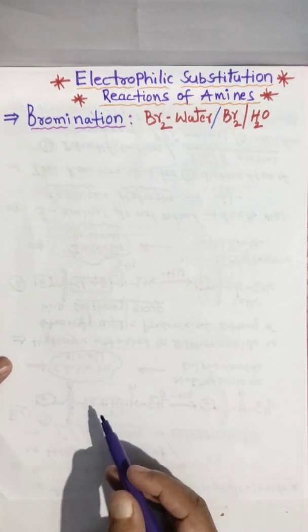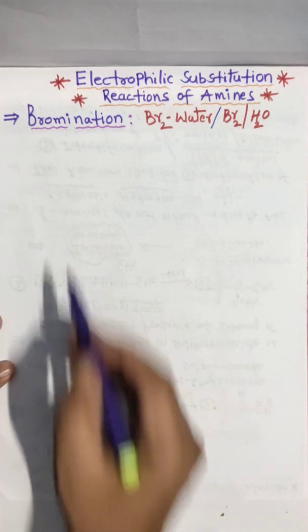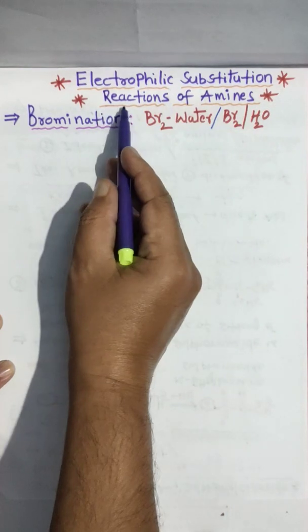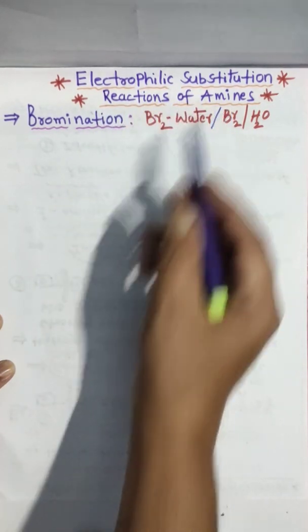Hi students, today we are going to discuss another important concept in the amines chapter, that is amines' chemical properties or chemical reactions. Today's reaction is the electrophilic substitution reaction of amines.